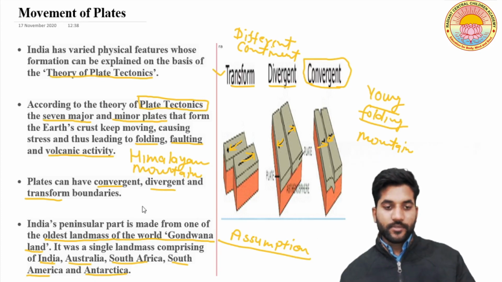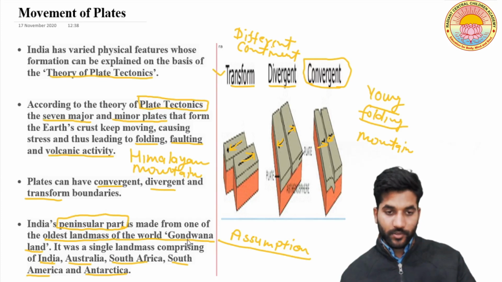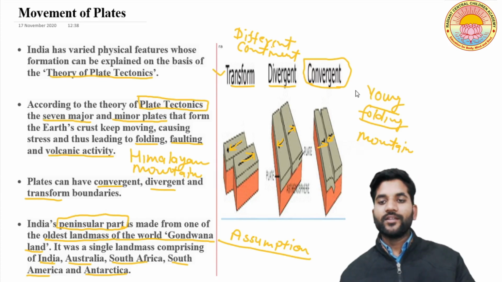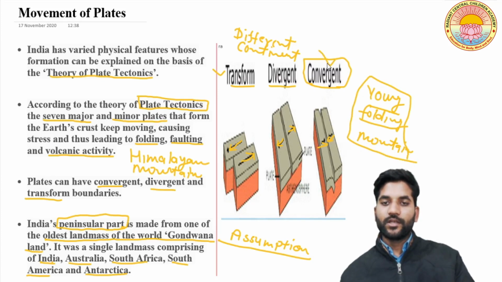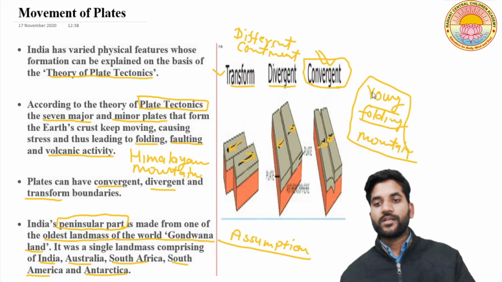Most importantly, the whole landmass of India is not part of Gondwana. Only the peninsular part is part of Gondwana land. You should remember this point. The remaining northern plains, whether the Himalayan Terai region or plain area, are the result of this convergent boundary formation and resulted in the formation of the young folding Himalayan mountain.